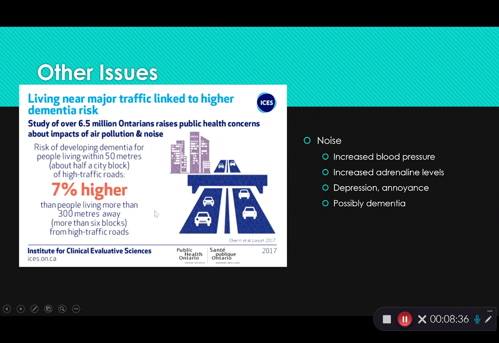So certainly some issues associated with that. And again, the populations that tend to live in proximity to highways and so forth are those lower income minority populations that already have burdens in other elements of their lives, and this is just an additional burden that they have to deal with.